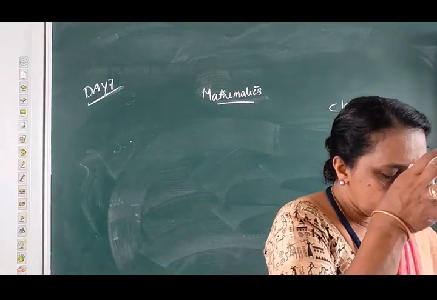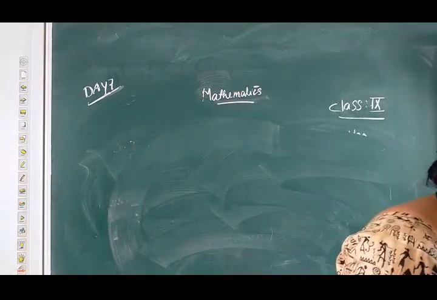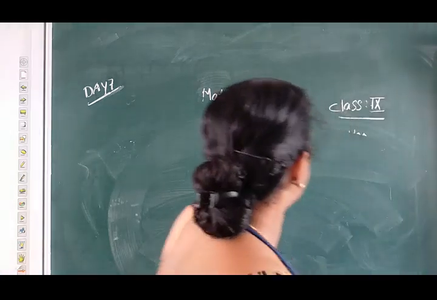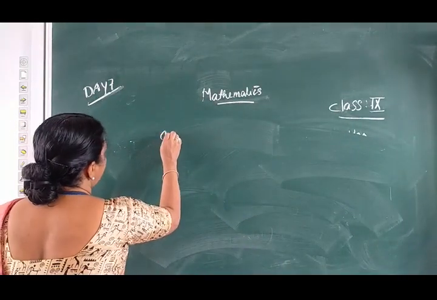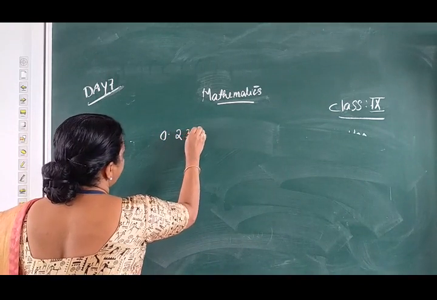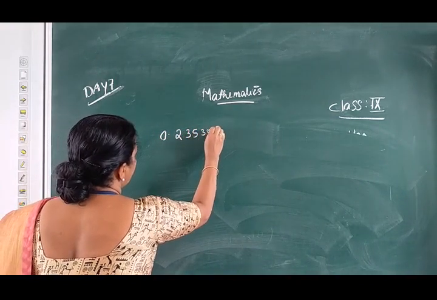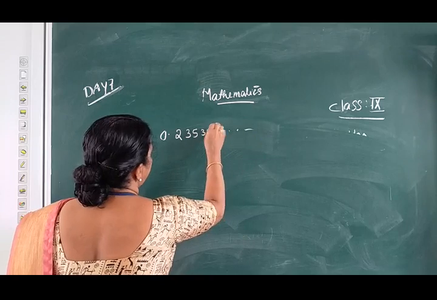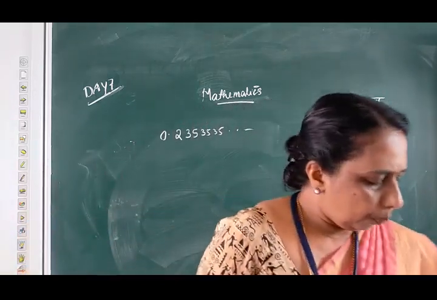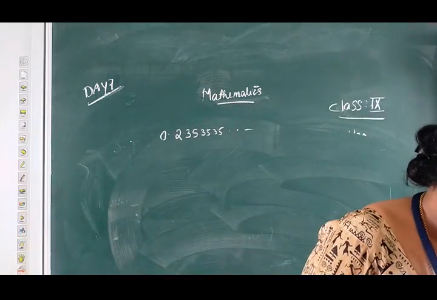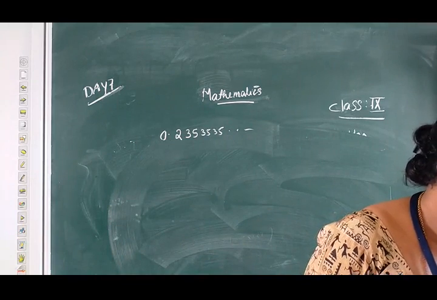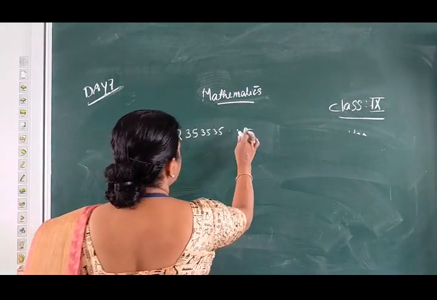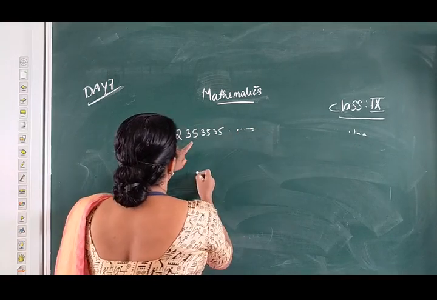Next question, show that 0.2353535 etc. We can ask how many digits are repeating here? Only 35.